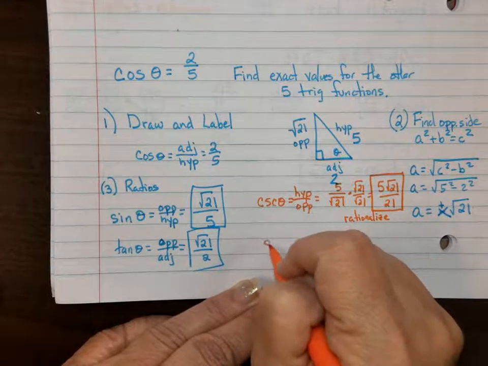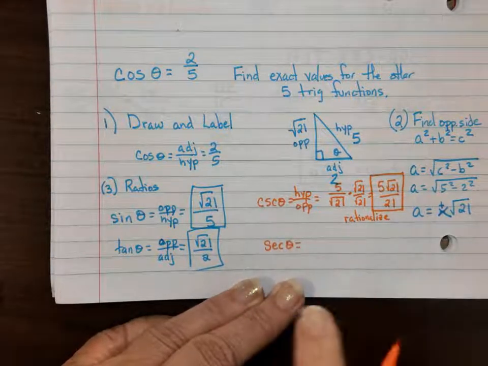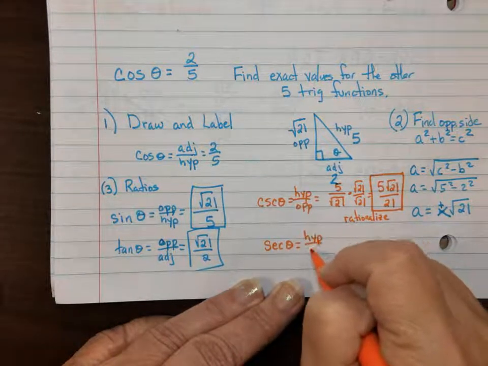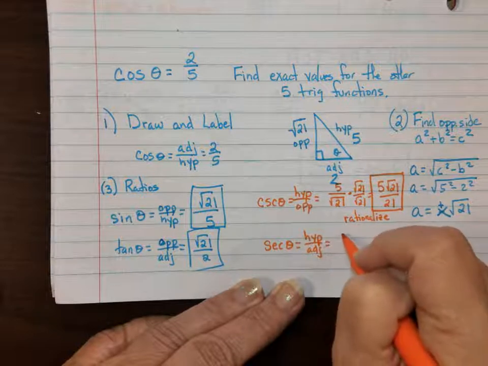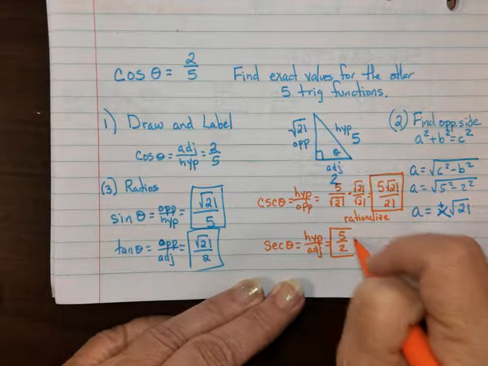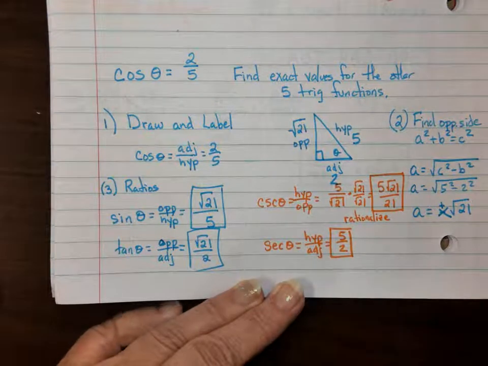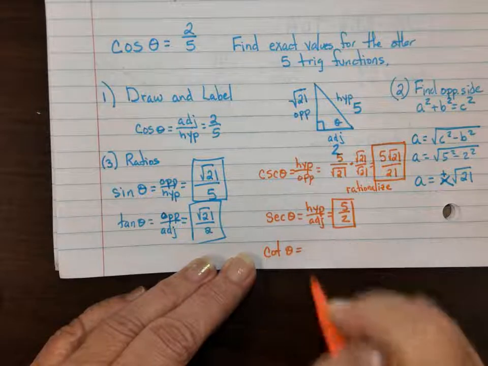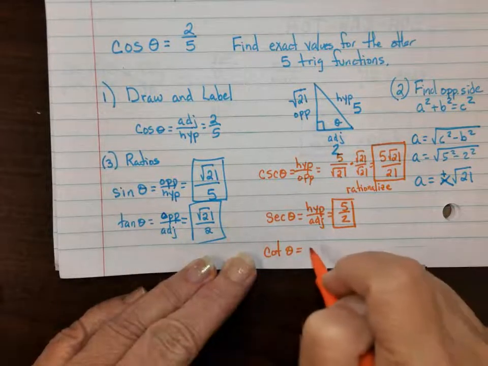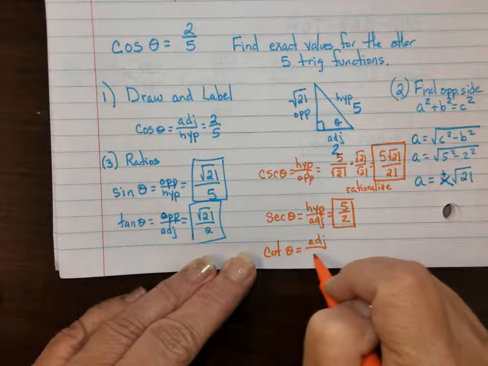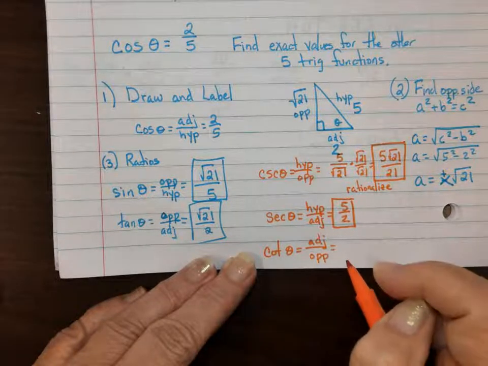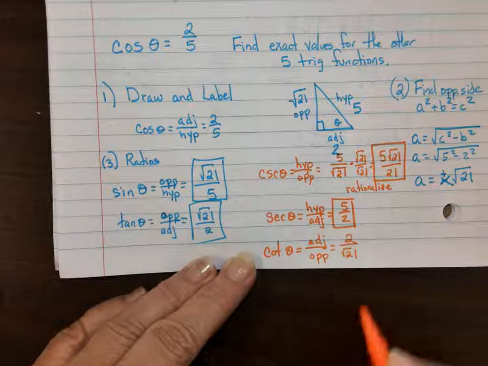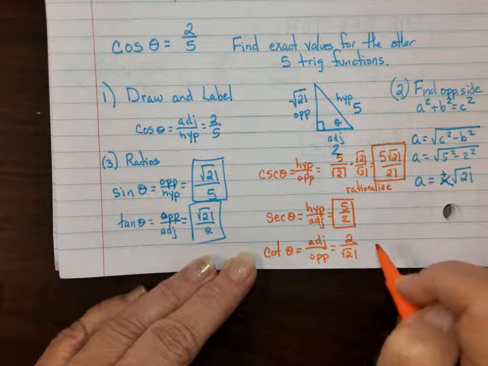Alright, secant of theta. Secant is the reciprocal of cosine. It's hypotenuse over adjacent. So that's 5 over 2. Done. And then cotangent of theta is the reciprocal of tangent. So it's adjacent over opposite. So that's going to be 2 over the square root of 21. And so here's another one that we have to rationalize.